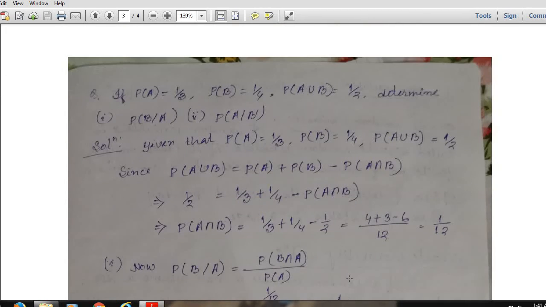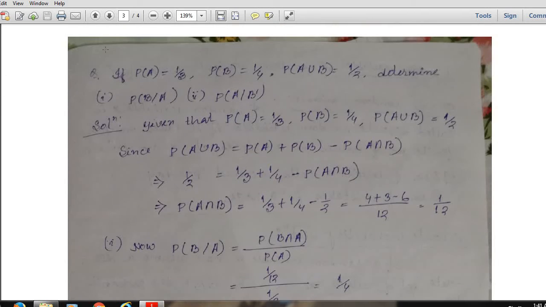Let us take another example. If probability of A is 1/3, probability of B is 1/4 and probability of A union B is 1/2, determine the value of number 1, probability of B given A, and number 2, probability of A given B dash. We are given that probability of A is 1/3, probability of B is 1/4 and probability of A union B is 1/2.